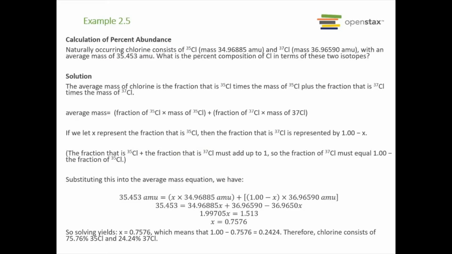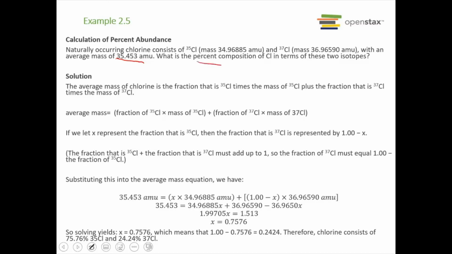Now you can also do kind of the reverse of this and figure out percent abundance or percent composition if you're given the average mass and the actual atomic masses of the two isotopes. So for instance, we're told here's naturally occurring chlorine that consists of chlorine 35 and 37, and the average mass is 35.453 AMU.